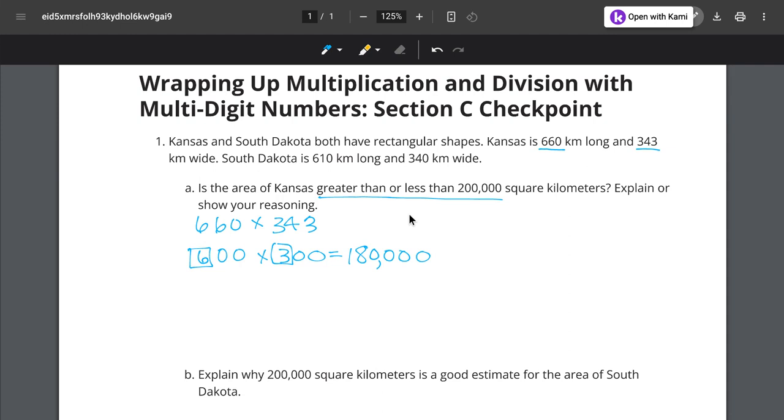Then if I think about even just a portion of what is still left to multiply, even if I just took 600 times 40, which is still less than my actual value, already this is more than the 20,000 I would have left to get to 200,000. So I know that that is already more than 200,000.